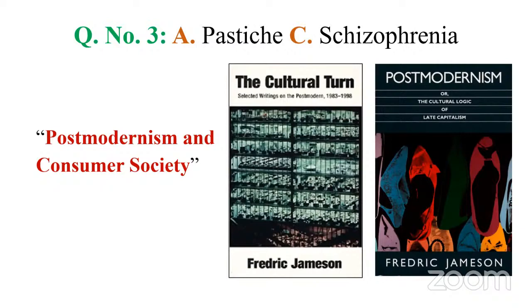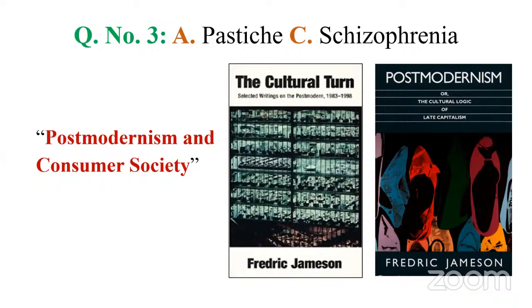And the question is from this essay, Postmodernism and Consumer Society. You can find this essay in his collection, The Cultural Turn: Selected Writings on the Postmodern, 1983-1988. The book was published in 1998.